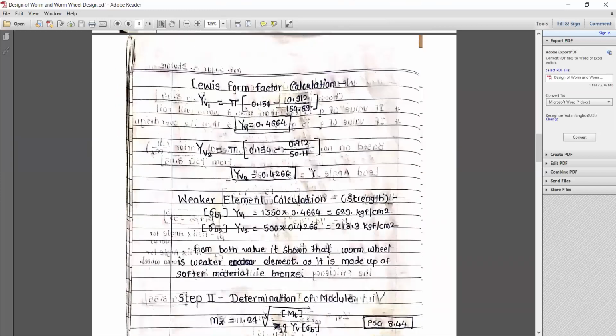Now the Lewis form factor. Yes, we need to calculate the Lewis form factor for checking the weaker element. The equation is on PSG page number 8.50.